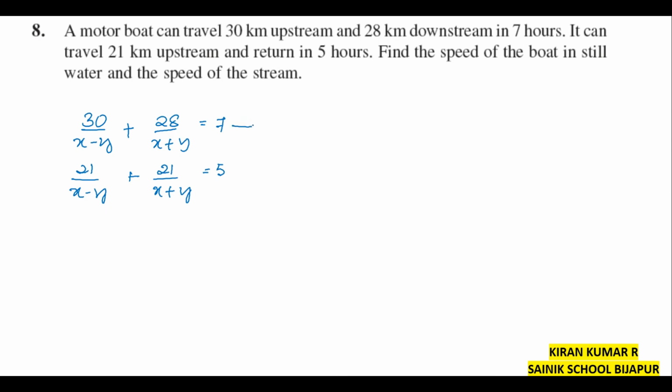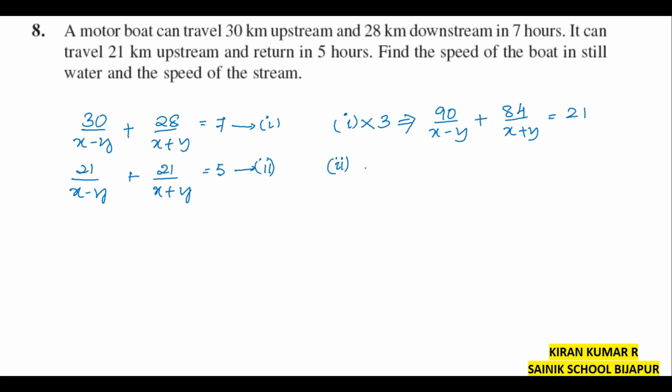So to follow the elimination method, I'll call this as equation 1 and this as equation 2. First equation, as I mentioned, I'll multiply with 3. It becomes 90 upon x minus y plus 84 upon x plus y equal to 21.